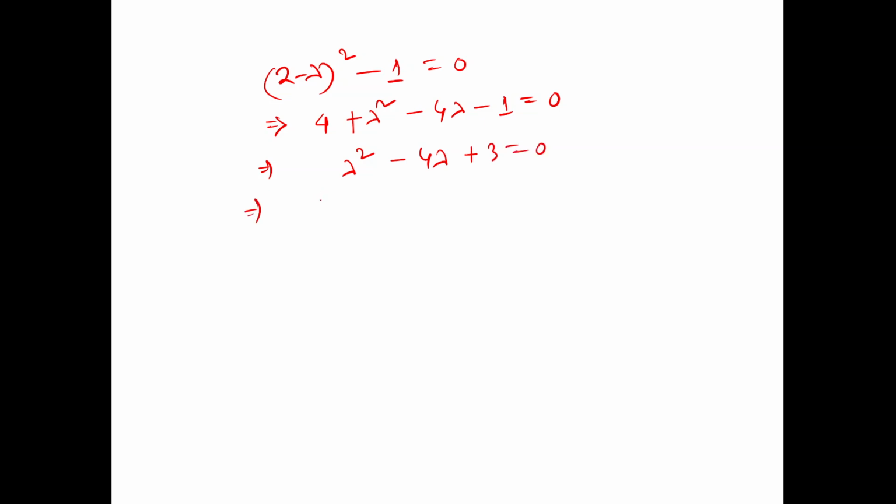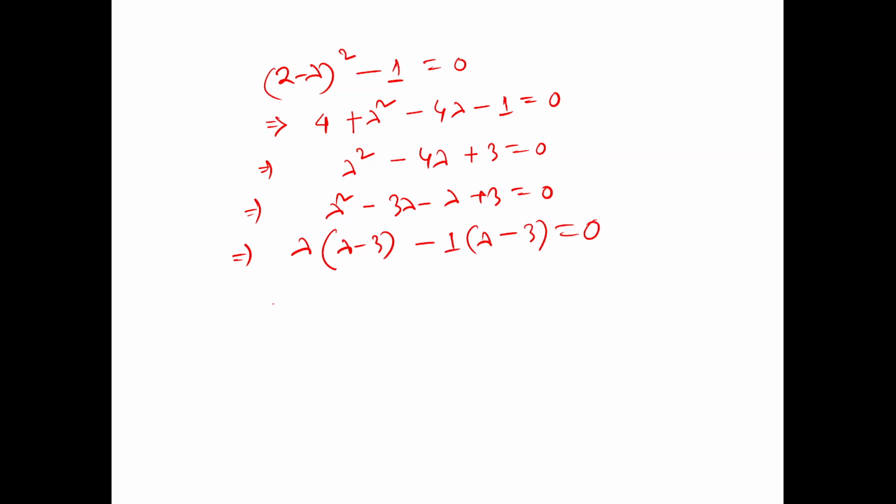I'm just showing you this: you can take lambda common, lambda square minus 3 lambda minus lambda plus 3 equal to 0. So take lambda common: lambda (lambda minus 3) minus 1 (lambda minus 3). So you have two other solutions, lambda equal to 3 and lambda equal to 1, right?